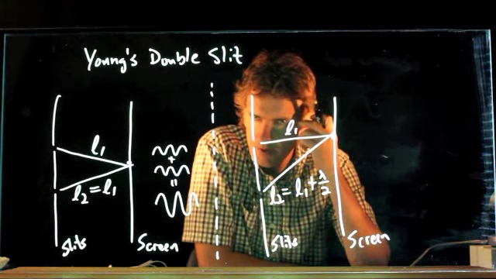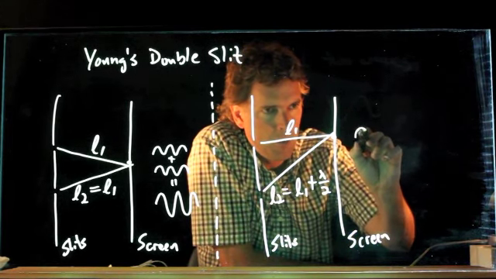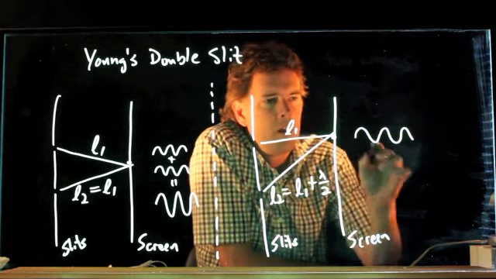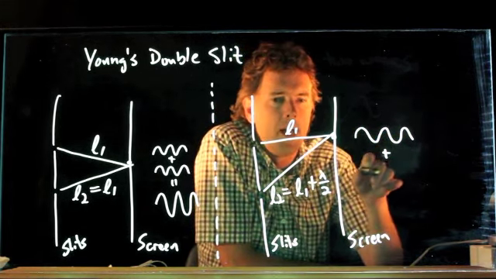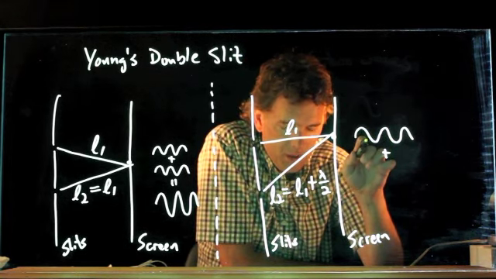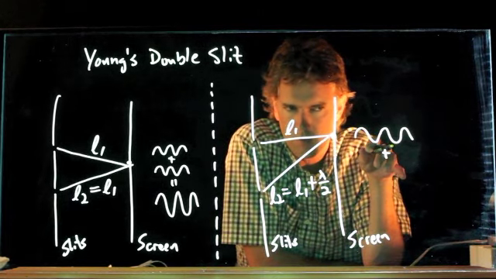You probably know what's going to happen, right? The field from L1 looks like that. The field from L2 is going to be the exact same thing, except it's going to be shifted over by a half a wavelength.